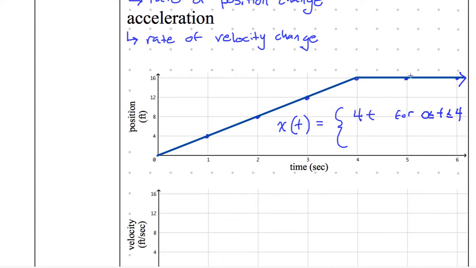And then what is this other function? Someone aside from Rochelle. What is this function right here? It's just x of t is equal to 16, yep. And for what values?